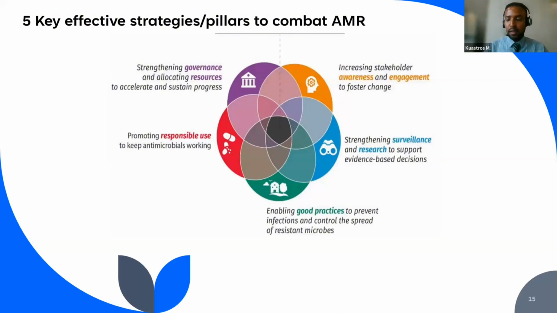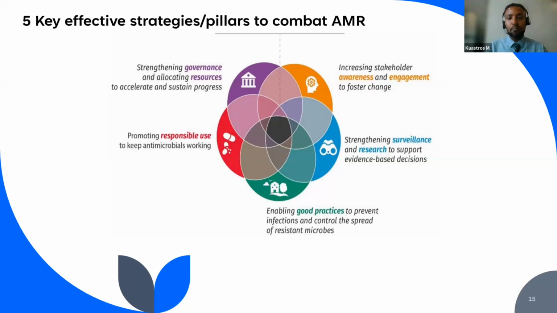One of the pillars is governance and resource allocation. To do AMR work, governance, or the involvement of policymakers and decision makers, is really important. So strengthening governance and resources, particularly in countries where resources are limited, is really important.